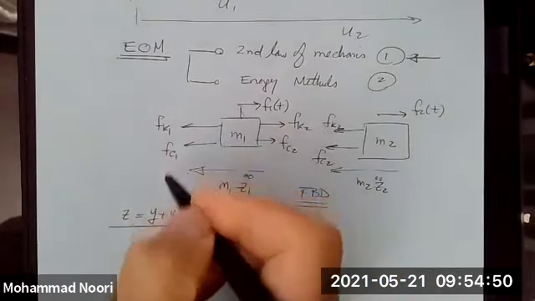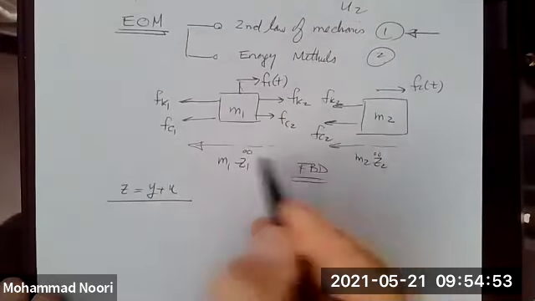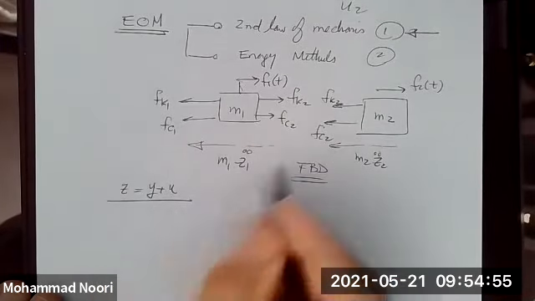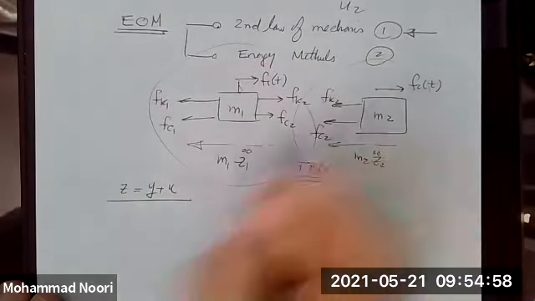So this is the free body diagram. So let's write the equilibrium equation for each mass. Simply add up these forces.